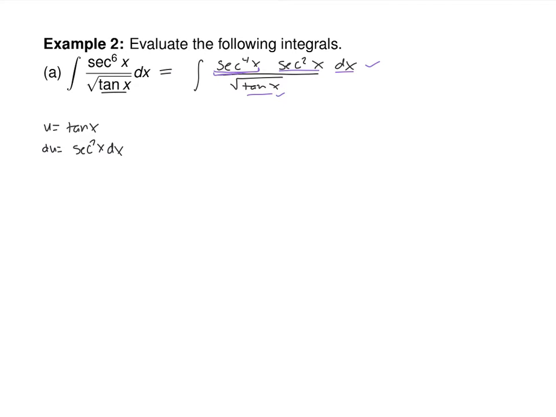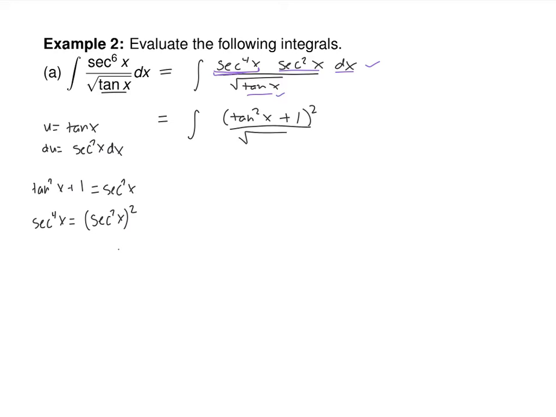And for that, you also use Pythagorean identities. You use the fact that tangent squared x plus 1 equals secant squared x. And also notice that secant to the 4th x really is secant squared x squared. So this is the same thing as tangent squared x plus 1, the quantity squared, over root tan x times secant squared x dx.